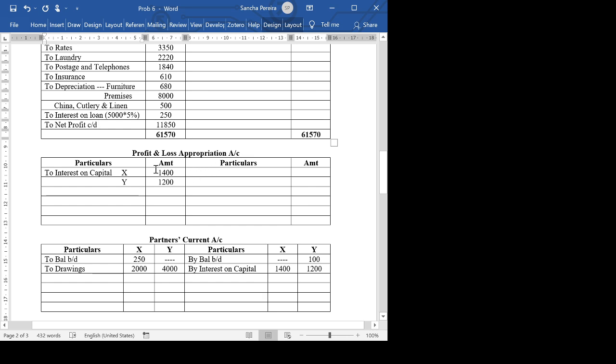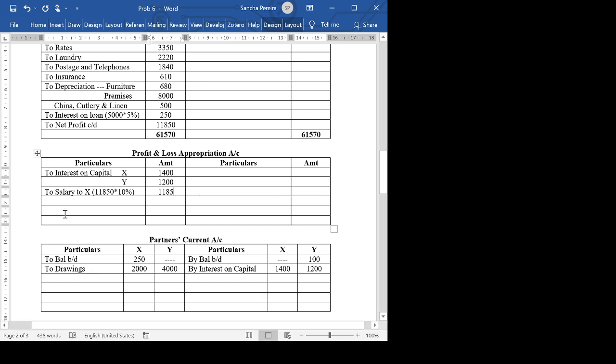Before I bring down the net profit, I will just pay X the 10% of the net profit. So salary to X will be 11,850 into 10%, which comes to 1185.